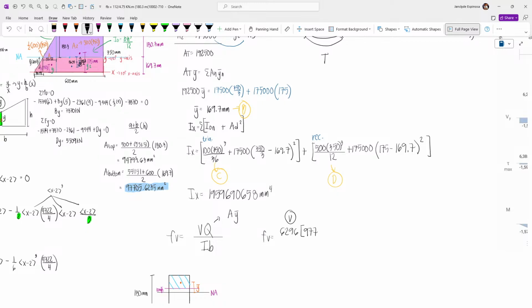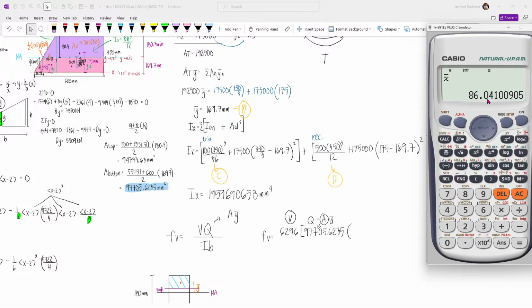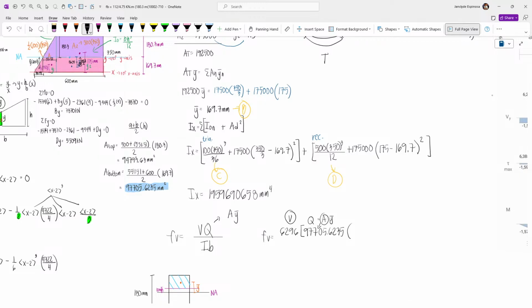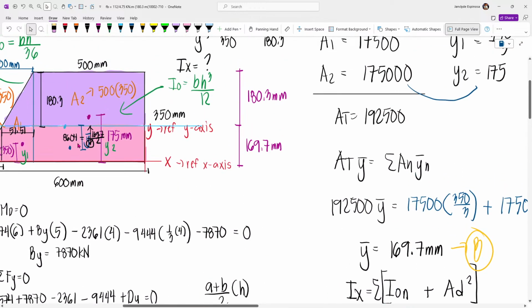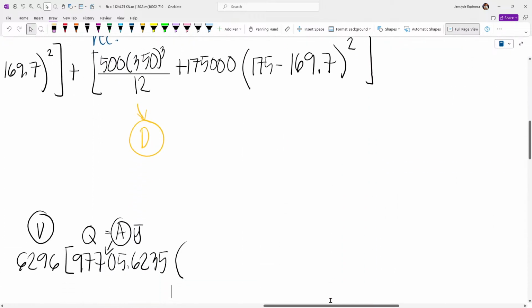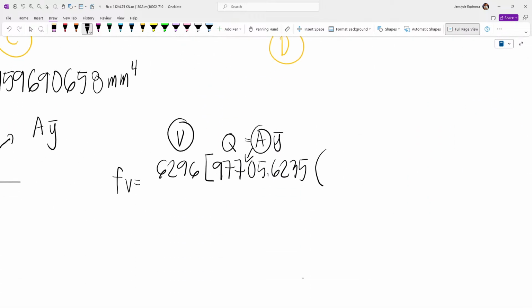Again have V Q, which is area barred Y. Ang area kani siya 97705.6235 times barred Y, which was 86.04. Again, kaning na-solve na to. Kana siya, 86.04. So, mani ang barred Y.